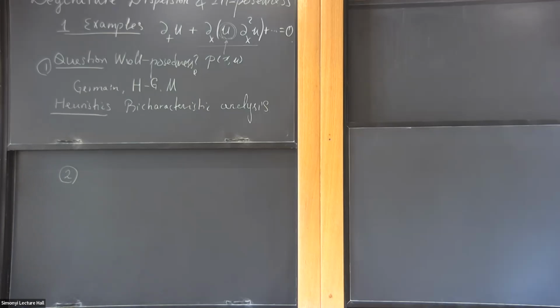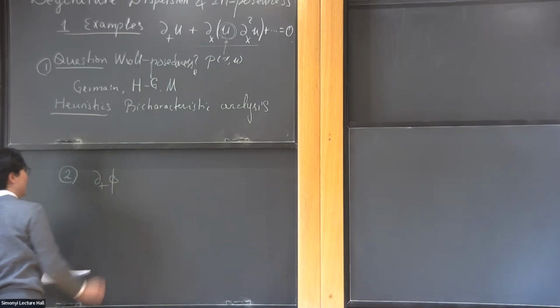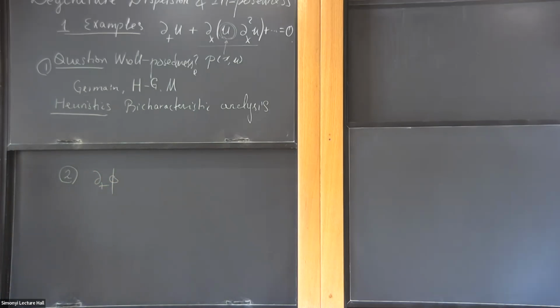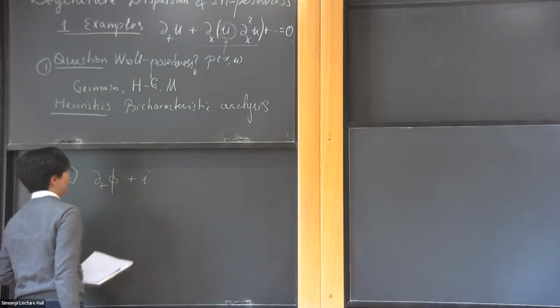So let's say we have a simple linear equation. Everything is scalar valued and x is one-dimensional. We're in the simplest possible case. And this is the equation.